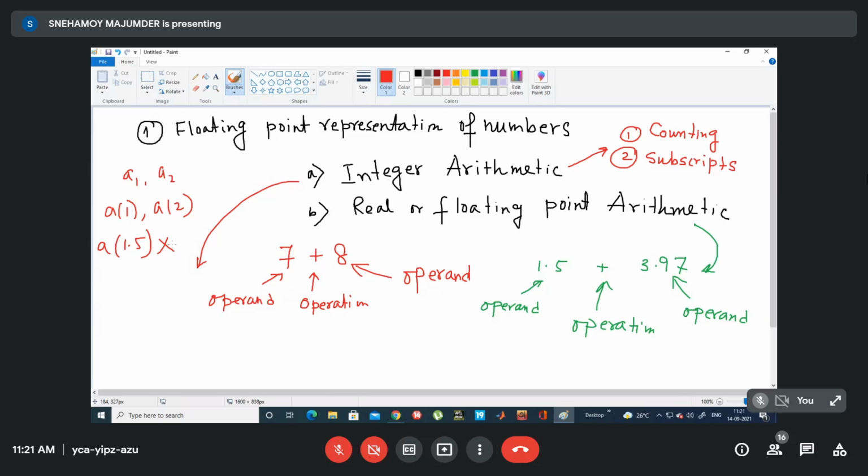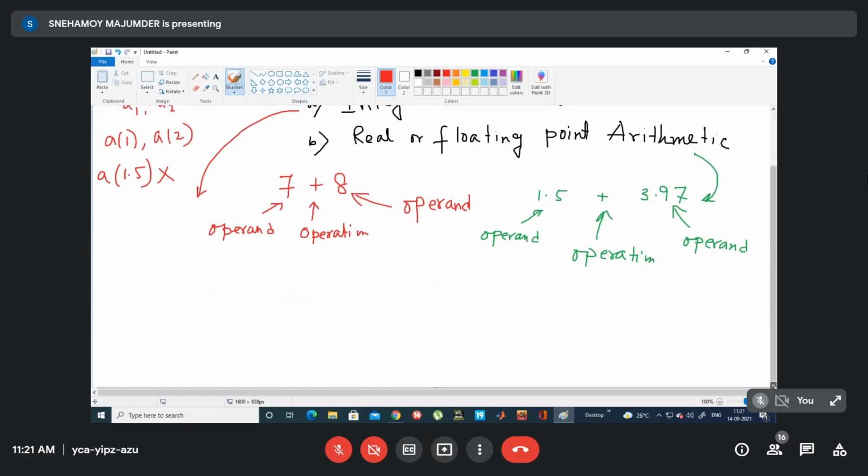So 1, 2, 3, etc., like this. But real algebra is nothing but the floating point arithmetic, which is the very important part of the computer operation.